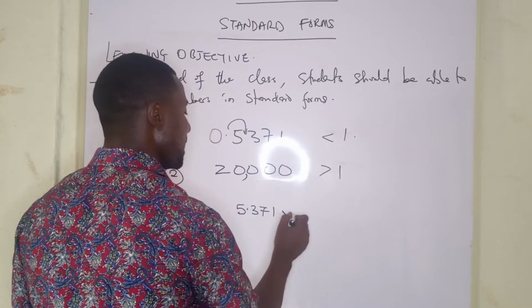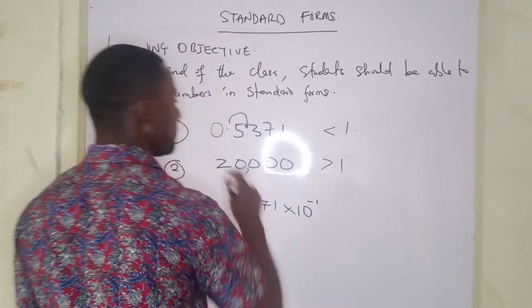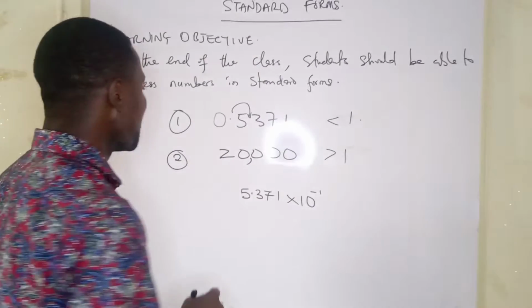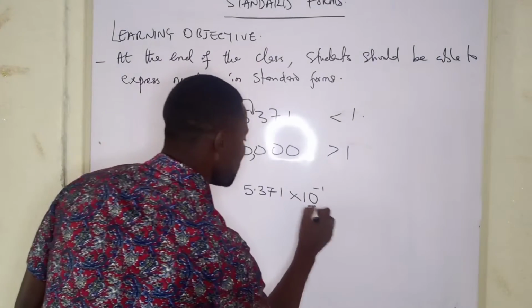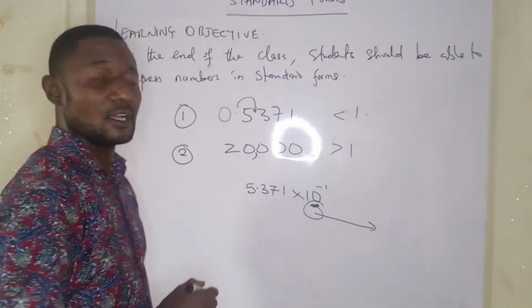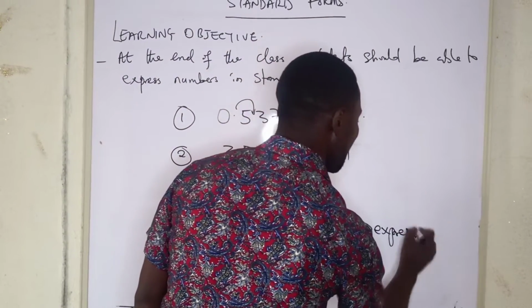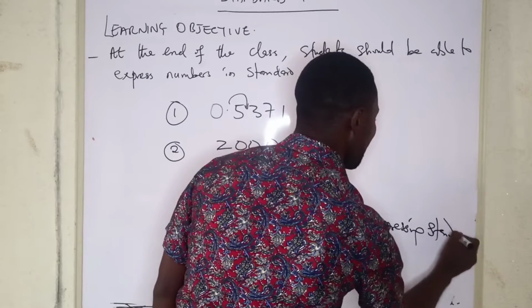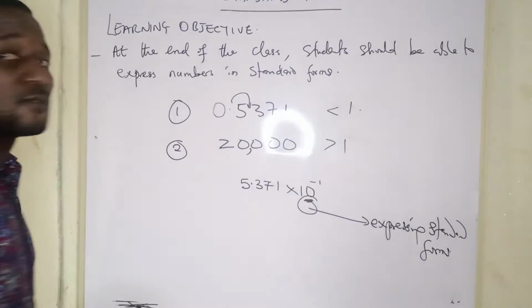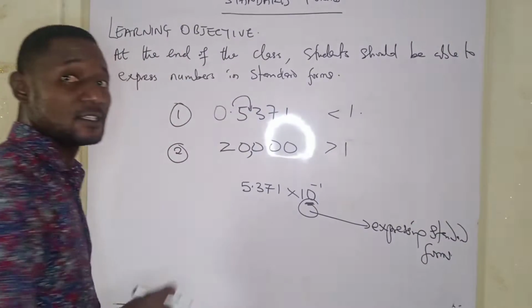Then you multiply it by 10 raised to power minus 1, because it's coming from the negative direction. Now, where do you get this 10 from? This 10 is a standard way of expressing standard form. When you want to express standard form, you express it as a power of 10.